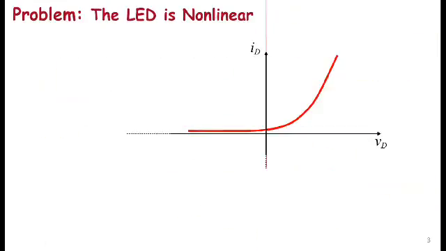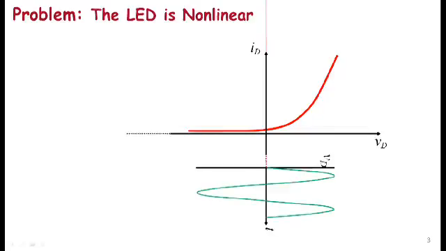I thought I'd do a fun little demo for you to show how I'm constructing the output given an input, where the input falls across my device VD, and I get the output as the current produced by the device. So here's the construction that I'm going to do. I plot the ID versus VD characteristic as before, and here I'm going to plot VD where the time axis is going down like this.